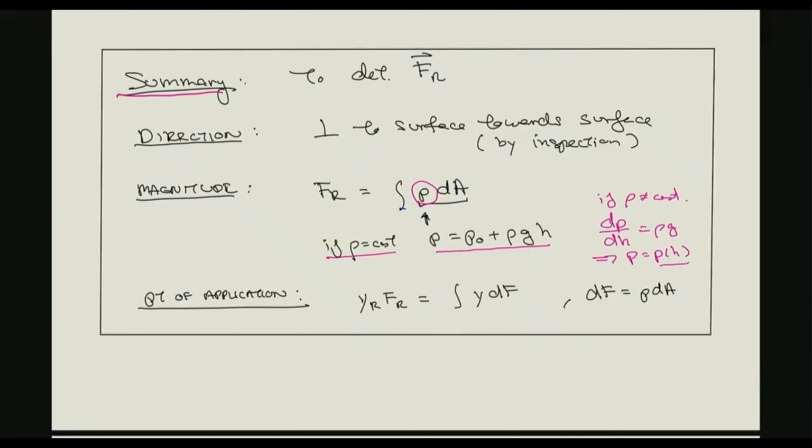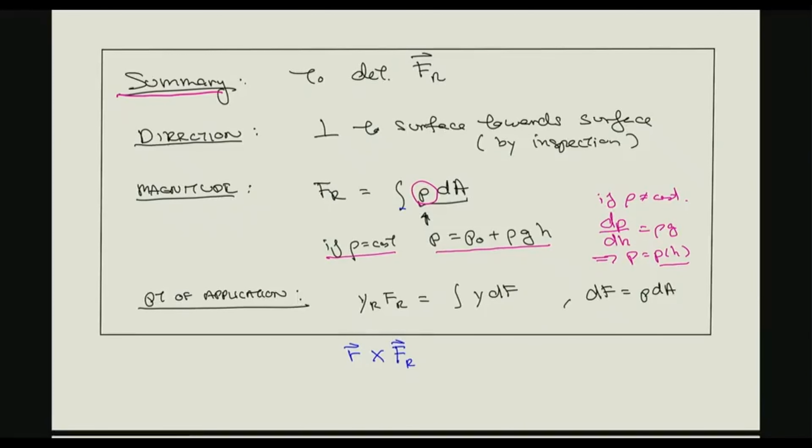Along with direction and magnitude, we need to determine the point of application, and so we equate moments. The moment of the distributed force has to be the same as the moment of the resultant force. More generally, I could write this as R cross F.